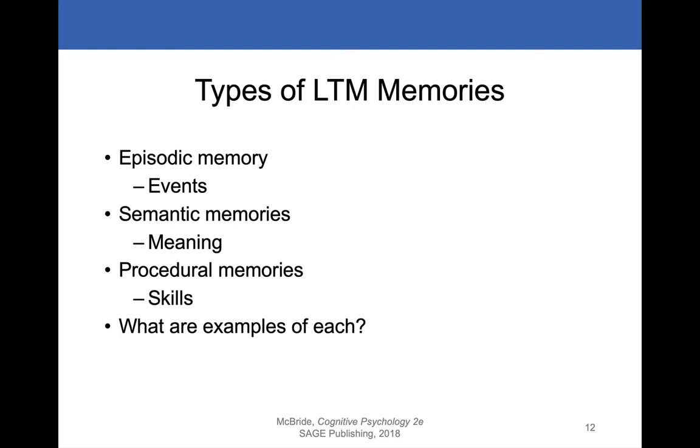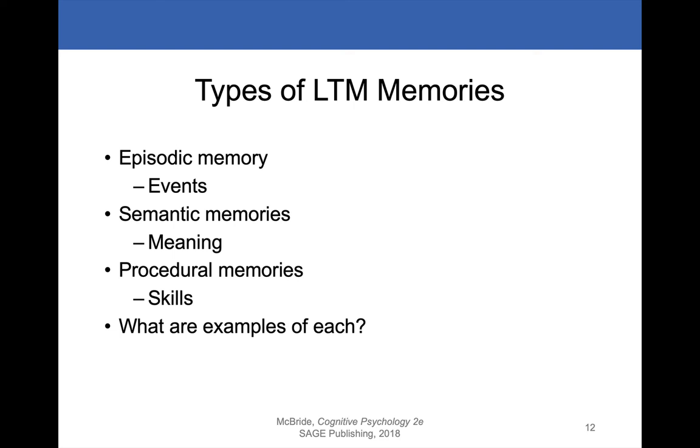So, where did you go to 6th grade? What did you wear at your high school graduation? What is your last name? Where did you live when you were 5 years old? What did you have for breakfast yesterday? These types of things are episodic memories, specific memories that are associated with events that happen to you. So biographical types of memories.